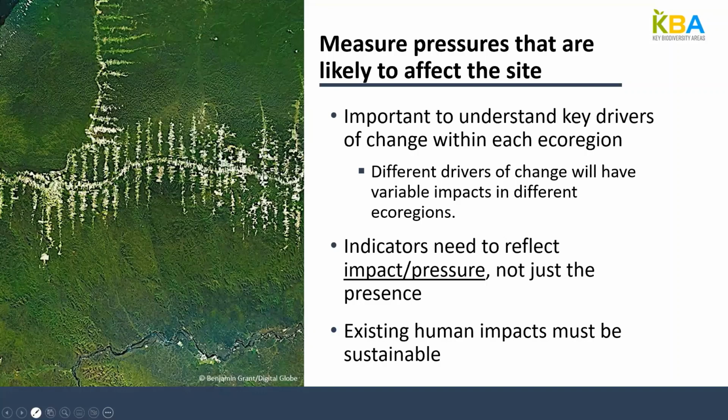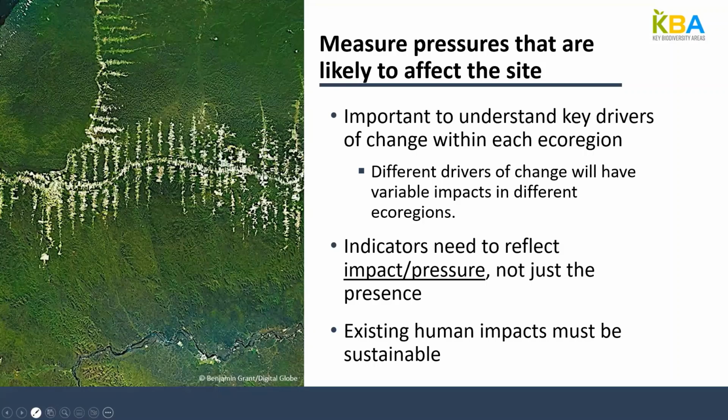So basically what I was trying to say with that example is that the indicators that you select need to reflect the pressures or impact on the site, and not just the presence of activity or artifact.